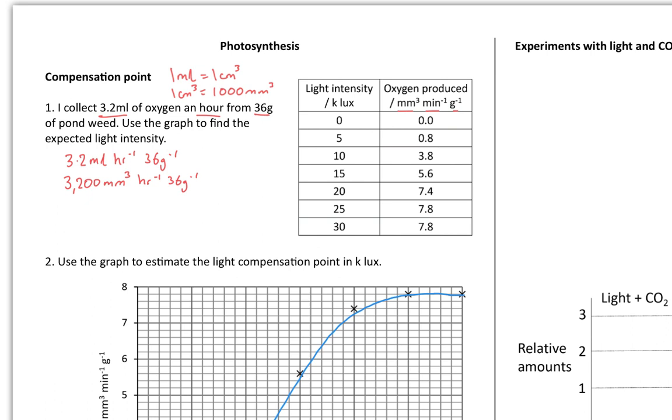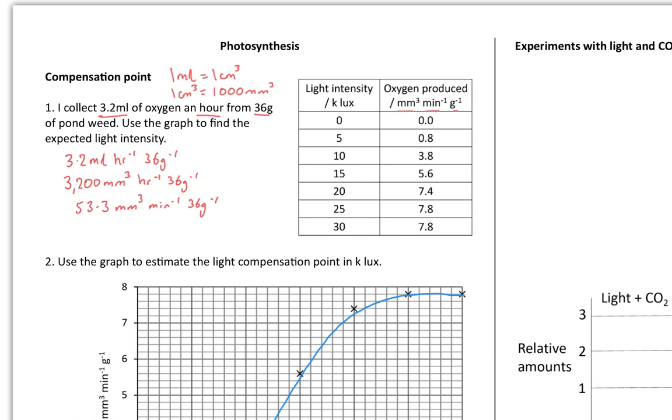That comes in at 53.3. I haven't got my calculator, so I'm just trying to read off my scrappy writing. Millimeters cubed per minute per 36 grams.